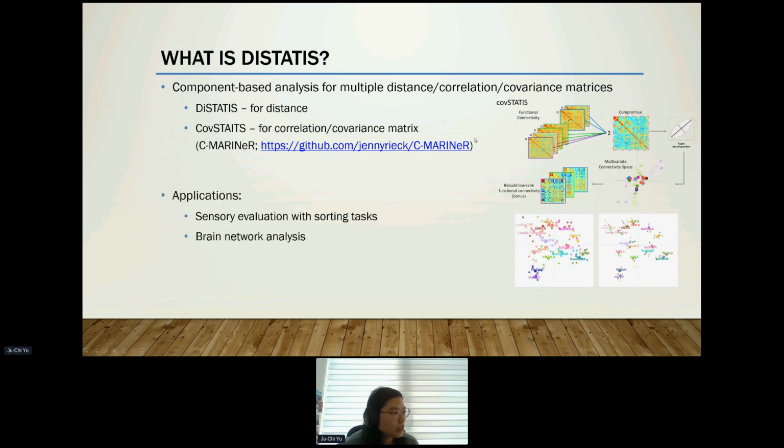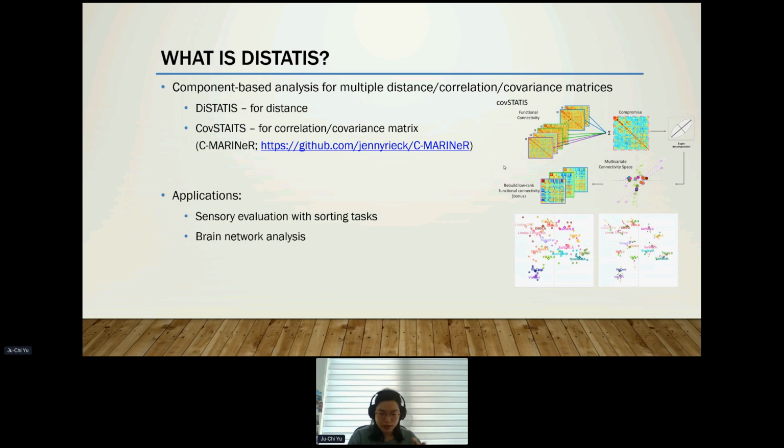So with these, we could apply them to sensory evaluation for the sorting task. This is the more common use in the psychometrics tradition. So people will, for example, drink 10 glasses of wine, which is fun to do for research. And then they try to sort them, right?